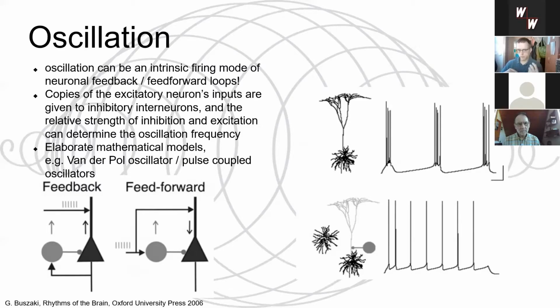There's a certain type of neurons that we call inhibitory that can inhibit another cell's activity and another cell's firing. And it turns out that when they are connected in loops, so when excitatory neurons are connected to inhibitory neurons, such that the inhibitory neuron gets a copy of the excitatory cell's input, then they build a loop. This can be a feedback or a feed-forward loop. And the interplay of excitation and inhibition can then generate a regular oscillation. And this is relatively independent from how the input looks.